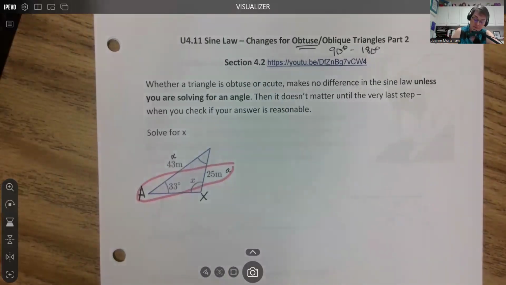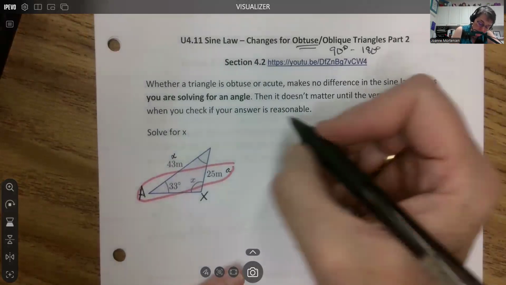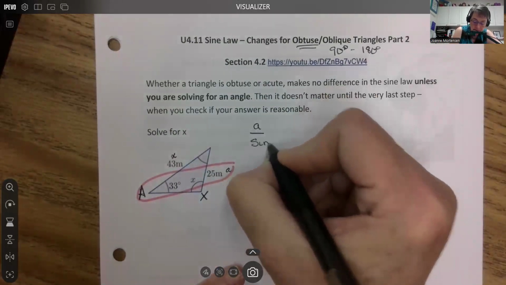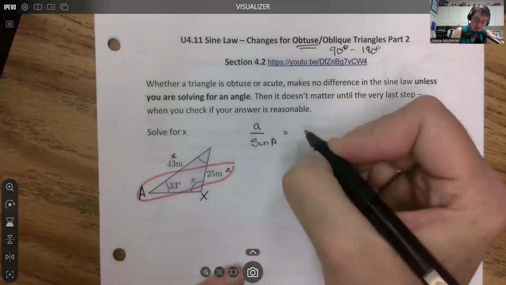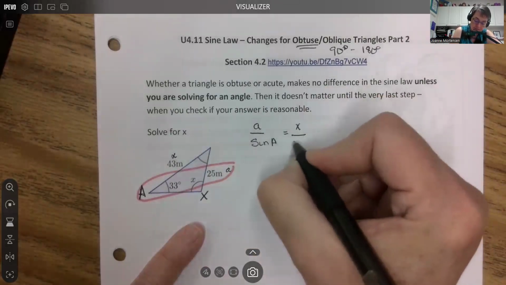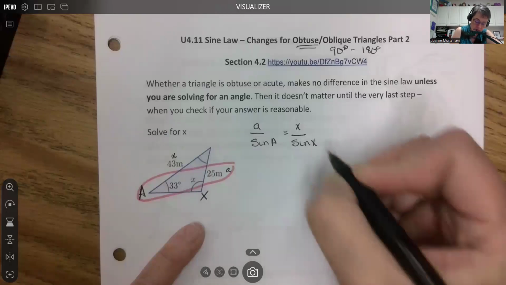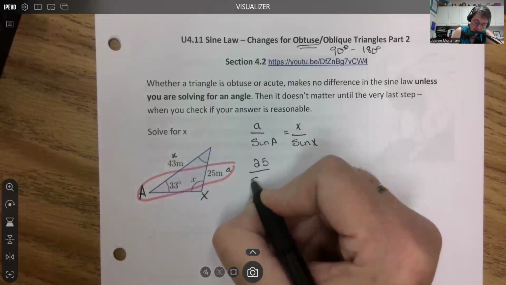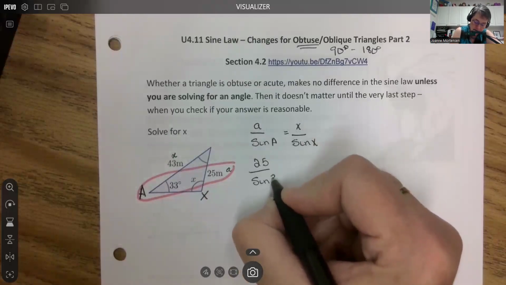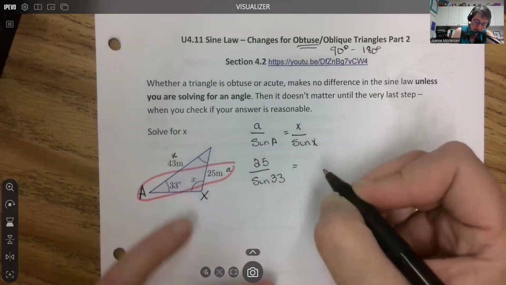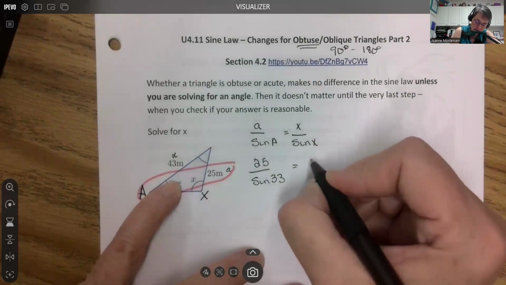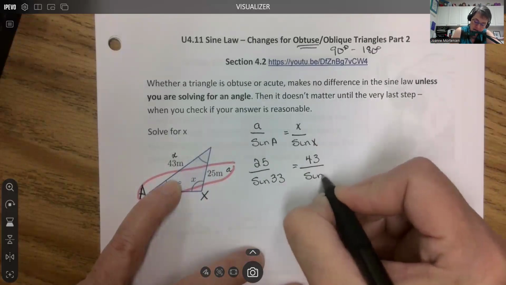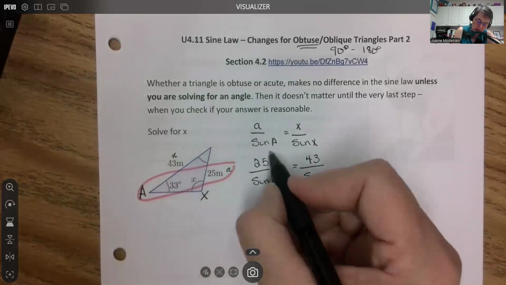No more matchy-matchy. So we got A over sine A is equal to X over sine X. Throw in my numbers: 25 over sine 33 is equal to 43 over sine X. Okay, cross multiply.